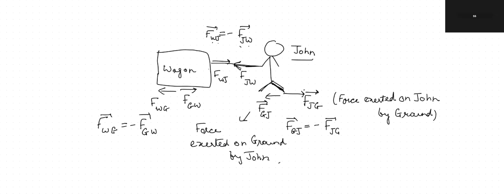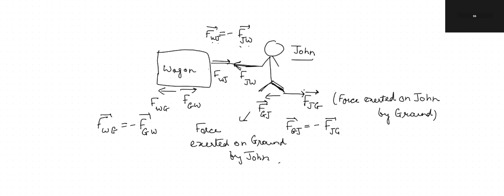So to know whether John moves or not, we must consider the forces only on John. Okay, so to find out if John will be able to pull the wagon, we have to find only the forces acting on John.